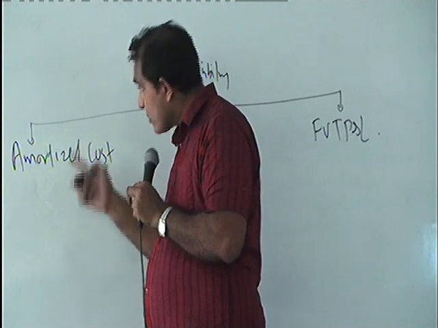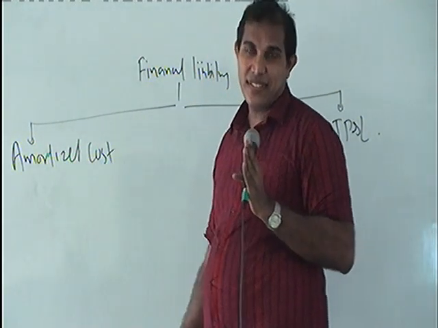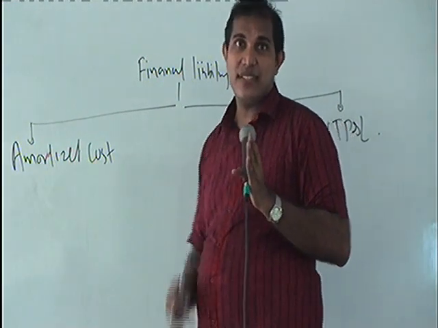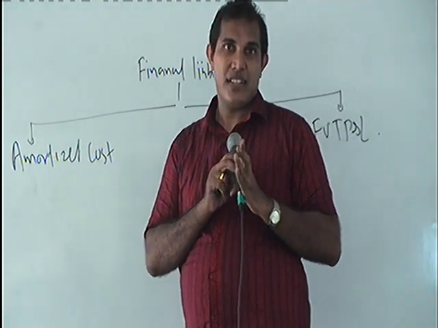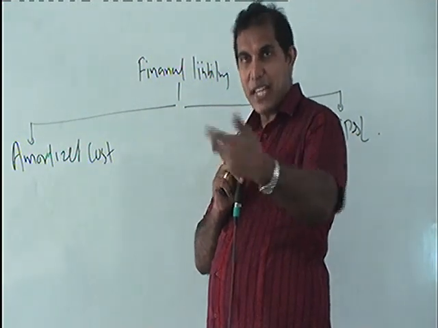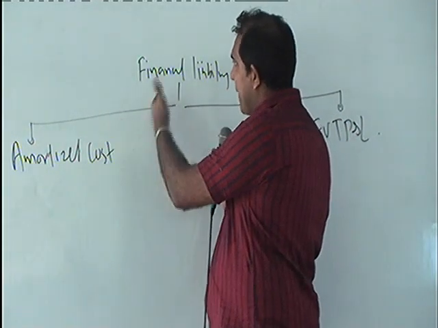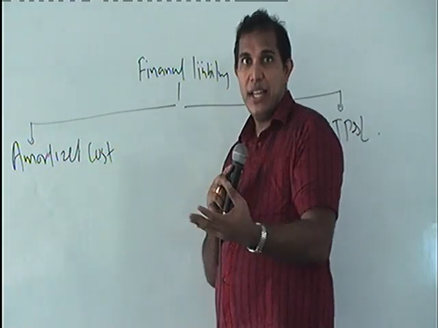Now in amortized cost, we have to have what? Cash flow characteristics should be there: interest, principals, and based on that we have calculated. Already we have calculated a financial liability today.